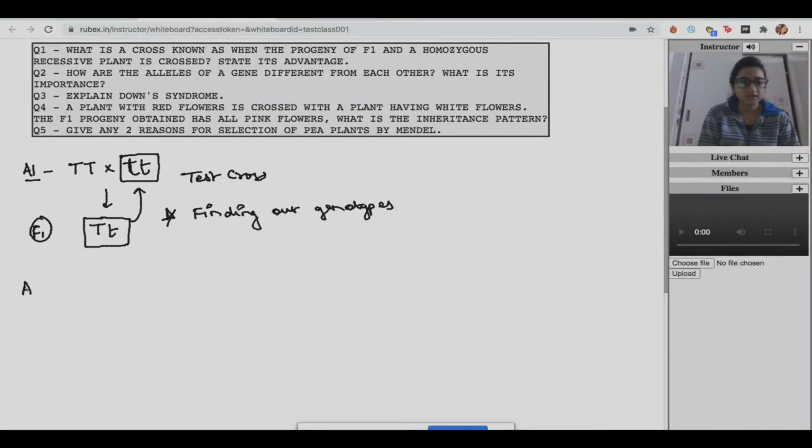Let's move over to the second one. How are the alleles of a gene different from each other, and what is its importance? Alleles are alternate forms of the same gene, so they have variants.